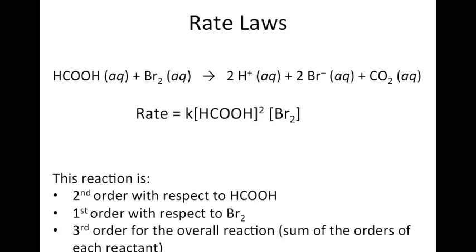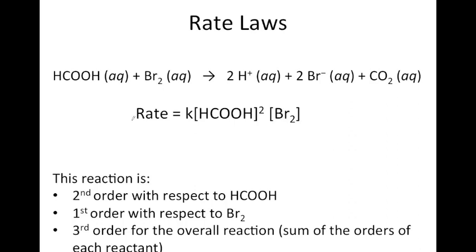So let's take a look at this chemical reaction where we have HCO2H reacting with bromine to form 2 moles of H+, 2 moles of Br-, and 1 mole of carbon dioxide.